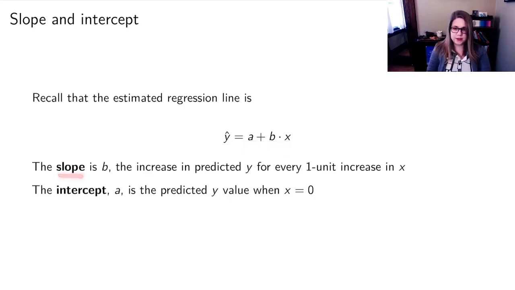The slope is b, and that's the increase in the predicted y for every 1 unit increase in x. And the intercept, that's a, that's the predicted value when x is equal to 0. So if we plugged in 0 here, then this part of the equation would go away and we'd just have y hat is equal to a.